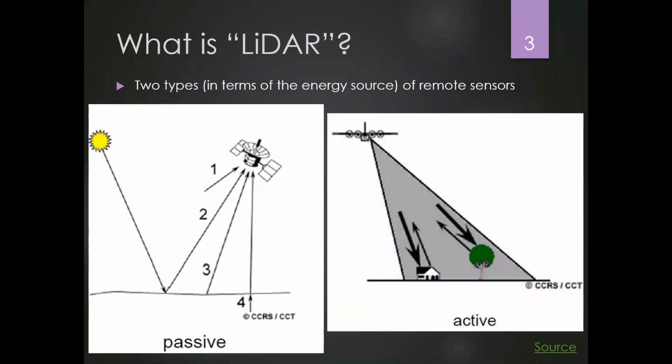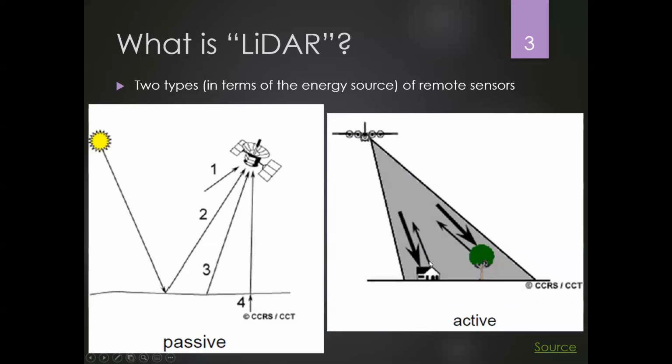We also have another type of remote sensing called active remote sensing. LiDAR is usually active remote sensing. Here we can see the process. There is no sun in the sky because in active remote sensing, we do not need the sun. The energy source is the sensor itself. The sensor will have a specific device to emit energy, to shoot energy to the ground.